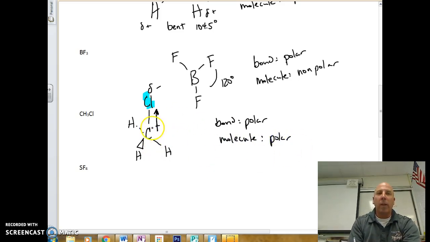I could ask the same question: how could we make CH3Cl a nonpolar molecule? Maybe think about it, and let's make this guy symmetrical. What if we replace this chlorine with another hydrogen? Or what if we replace the 3 hydrogens with chlorines? Now we have a nice symmetrical molecule, the same atoms all the way around. Then we're going to have a nonpolar molecule.